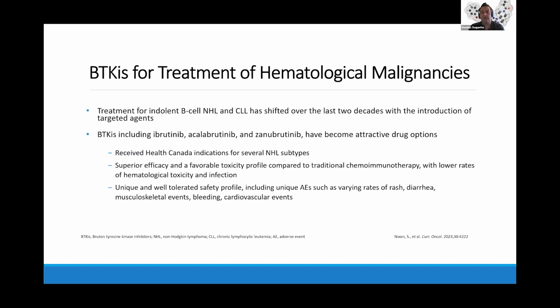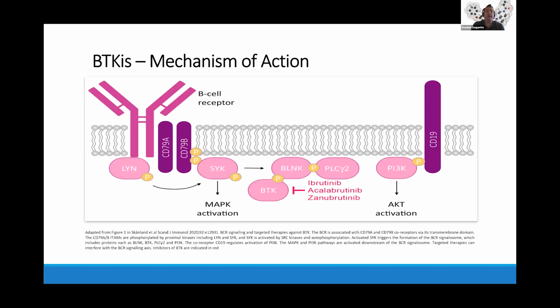Not everything's the same, so we need to better understand. So this is the mechanism of action. The BCR pathway, where when SYK is activated, it's going to bring BTK, BLNK, and PLC gamma 2. And our drugs are acting on the BTK.